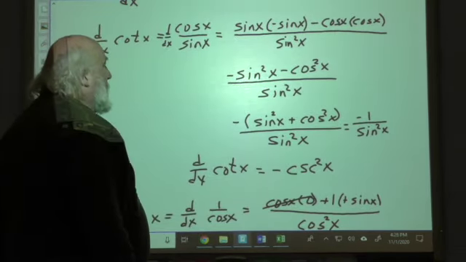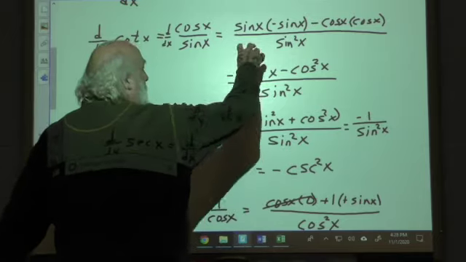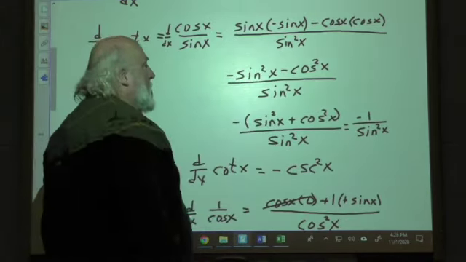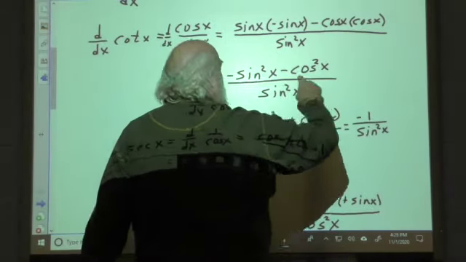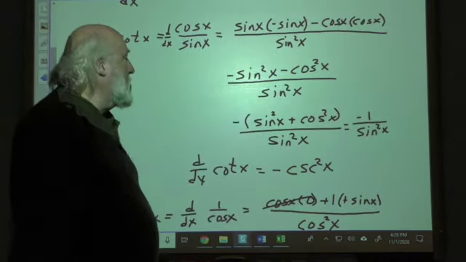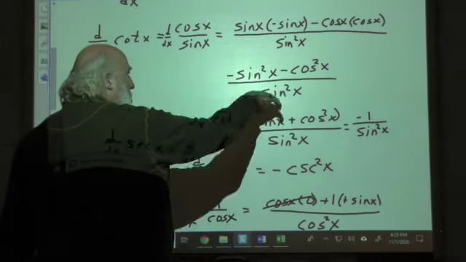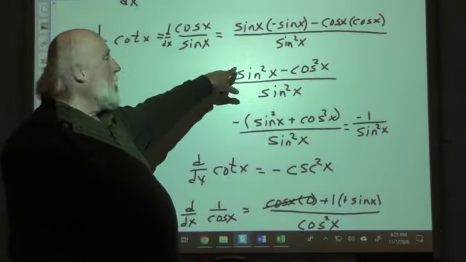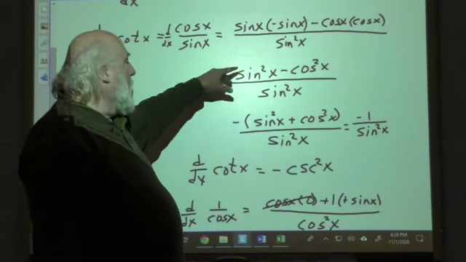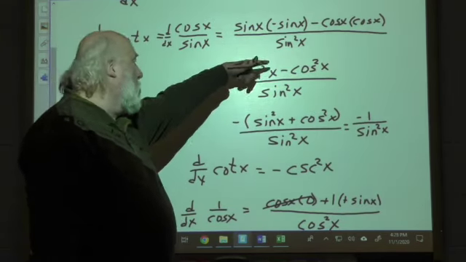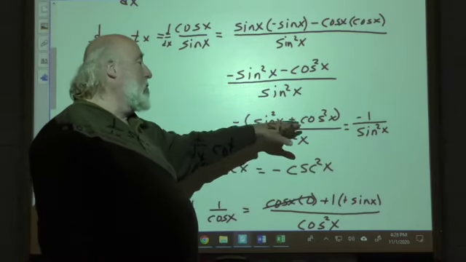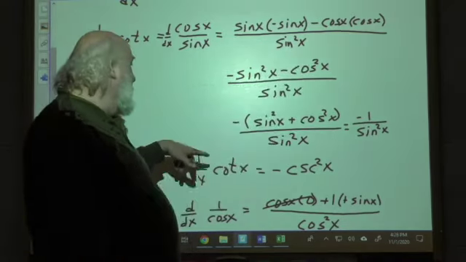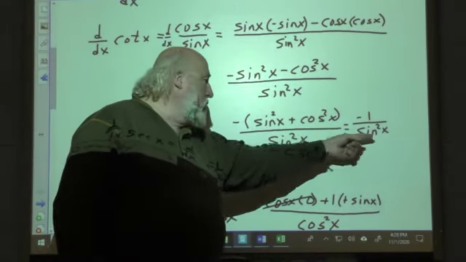Okay? Now we resolve stuff. We got sine x times negative sine x is negative sine squared x. Negative cosine x times cosine x is negative cosine squared x. And then we need sine squared x alone down here. Now, what's nice about this is that we can factor out a -1 out of this, and that leaves us sine squared plus cosine squared x, which is 1. So we got -1 there, and then we need the sine squared x.